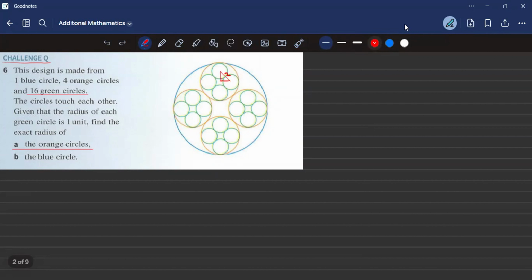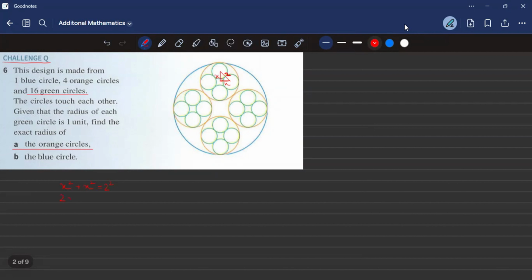We are going to assume for now that this is equal to x, and again this is equal to x because these two sides are the same. So now we are going to say x squared plus x squared is equal to what? 2 squared, because that's the hypotenuse.